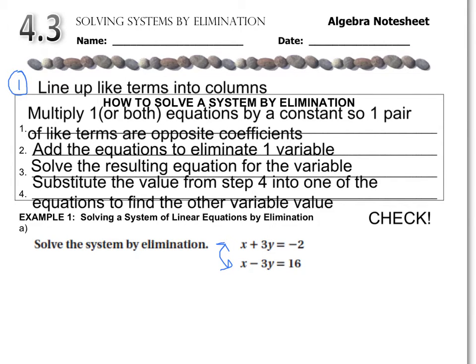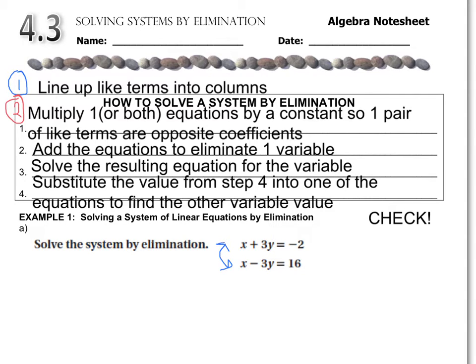Step 2, which is the next two lines, says to multiply one or both of the equations by some constant. Remember, a constant means a regular number, so that one pair of the like terms are opposite coefficients. Now, we don't have to always do opposite coefficients, but today I'm going to show you how to do this through adding the two equations.